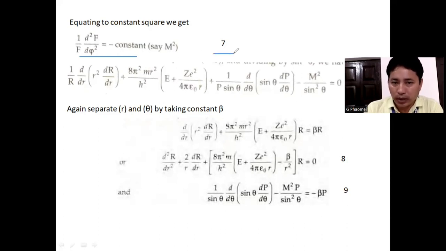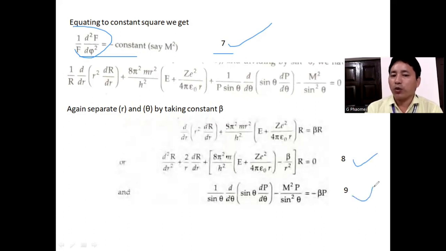So we'll come to this later. For the remaining part, instead of this, now we can write m squared, minus m squared as given here, and simplify it again. Finally, we separate the polar coordinate quantum Schrodinger equation for hydrogen or hydrogen-like atoms into three parts: this is one equation, this is one equation which contains only r, and this is another equation which contains only theta. Therefore, the equation in polar coordinates has been divided into three parts.